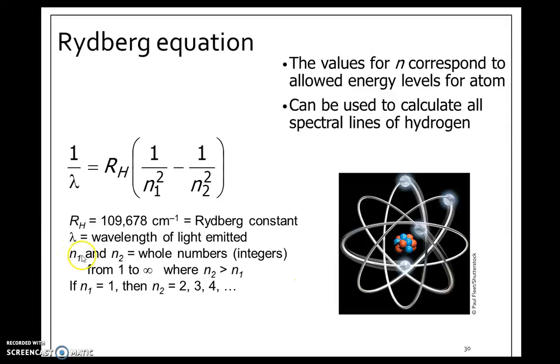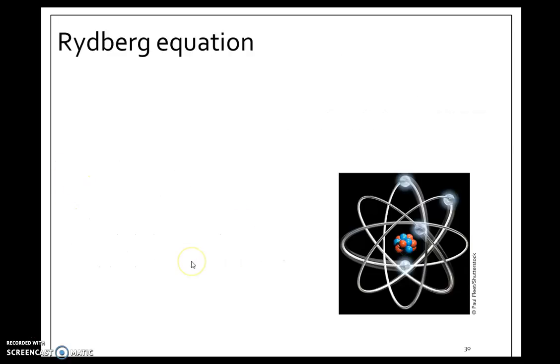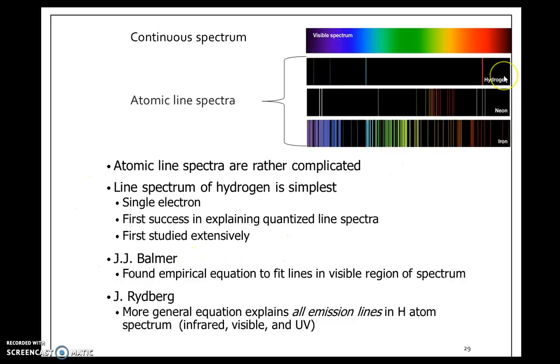So in this case, n1 and n2 are whole numbers or integers from 1 to infinity. And n1 is a ground state, and then anything above n2 is the excited state. So you can use this to find the wavelength to explain the spectra for hydrogen.